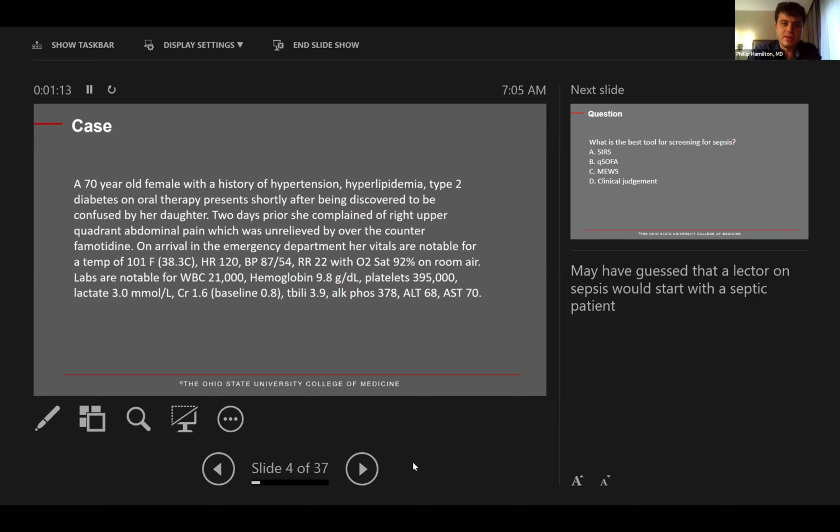Came into the emergency department with vitals notable for a temperature of 101 Fahrenheit or 38.3 Celsius. Heart rate was 120, blood pressure 87/54. She was a little bit tachypneic, but satting okay on room air. Labs were mostly notable for a leukocytosis to 21, lactate of 3, a bump in her creatinine to 1.6 from a baseline of 0.8, and a cholestatic pattern elevation of her liver function tests.